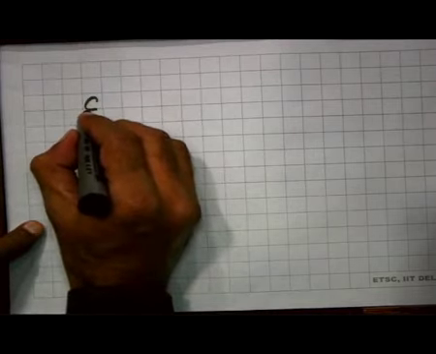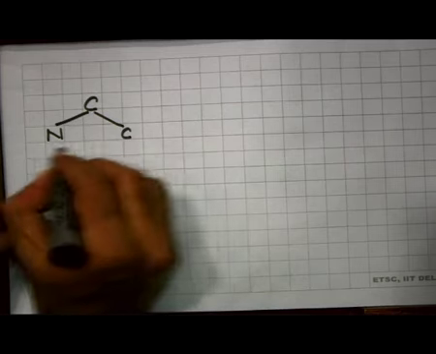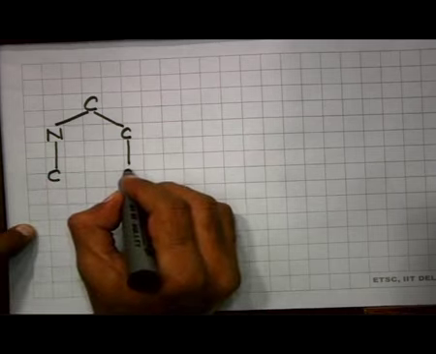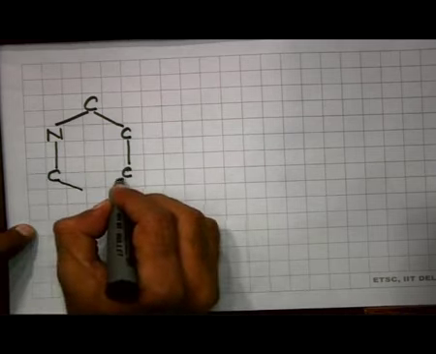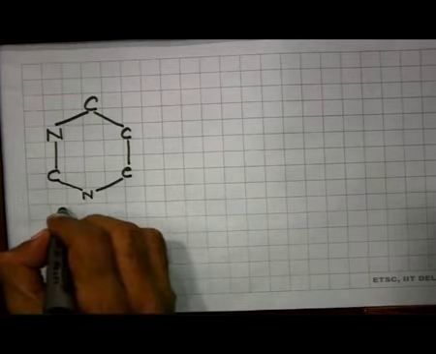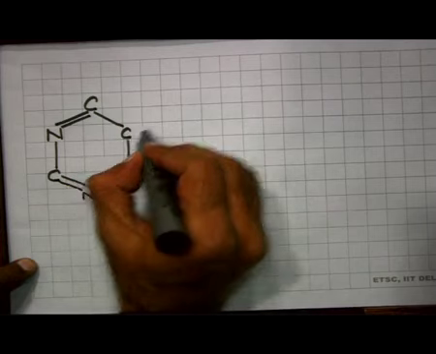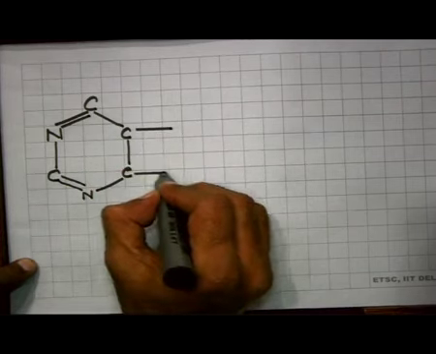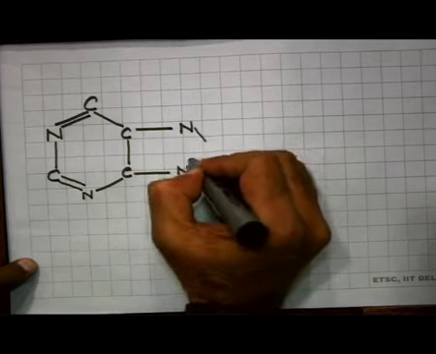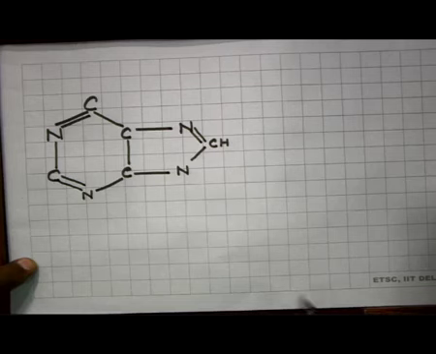Now, the structure of the ATP molecule. As we have already discussed, adenine is a type of purine, which is a 2 ring structure. This one ring is called the pyrimidine ring, and the other ring is also attached with the first one. This one is called the imidazole ring.